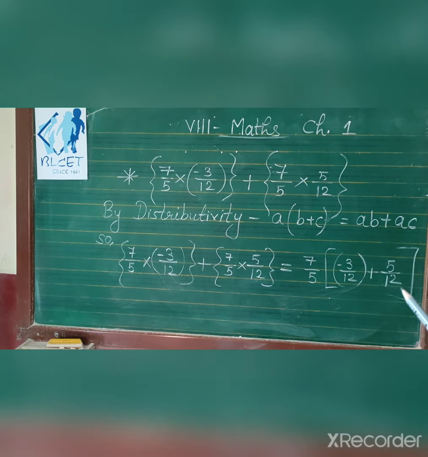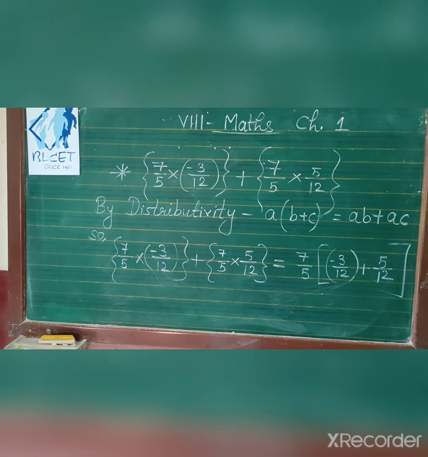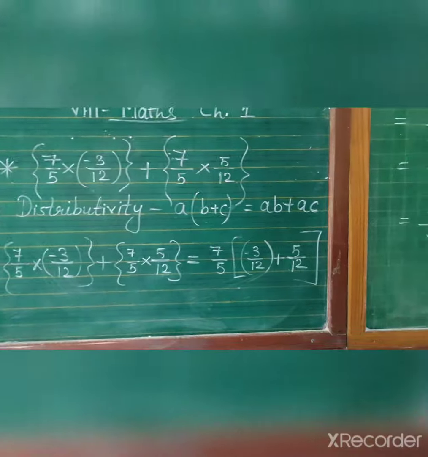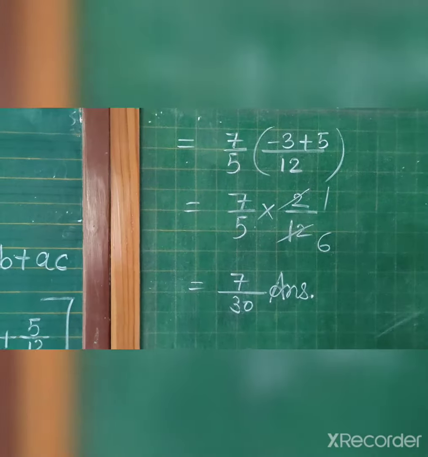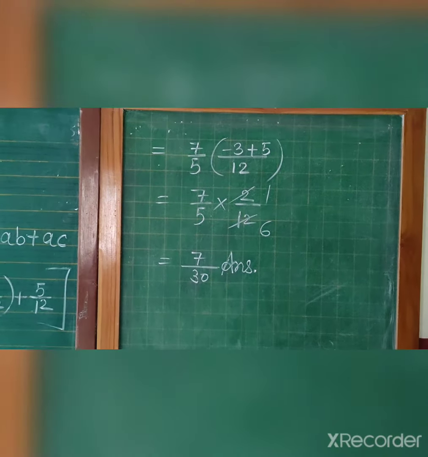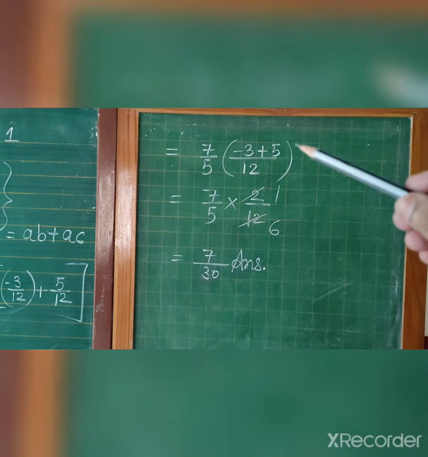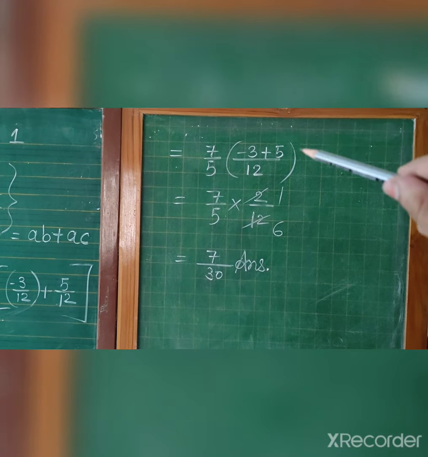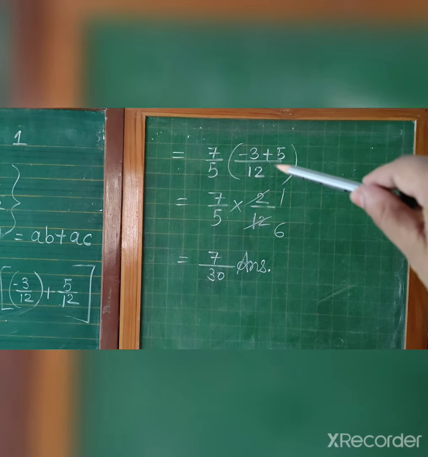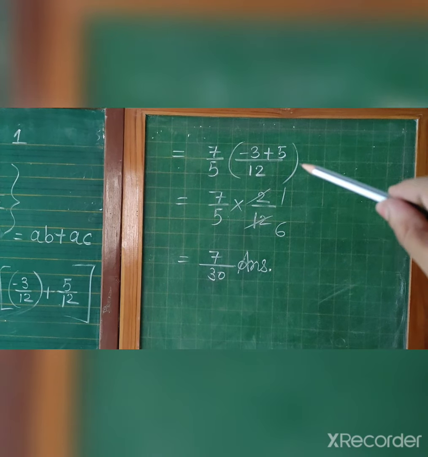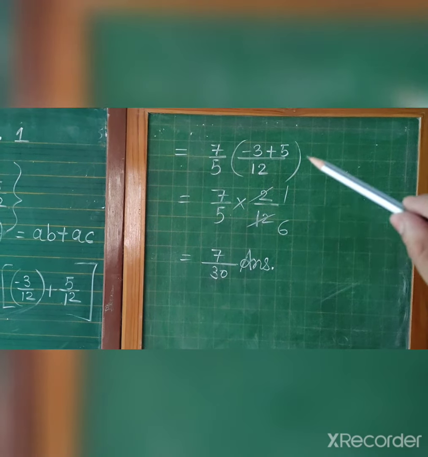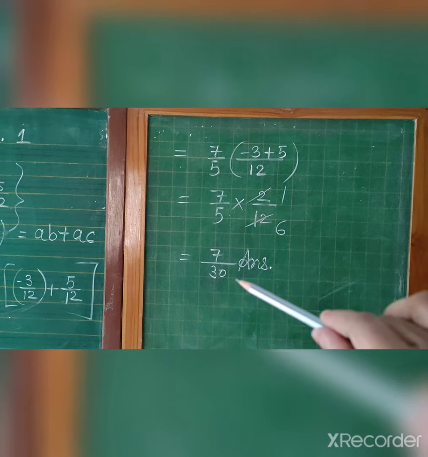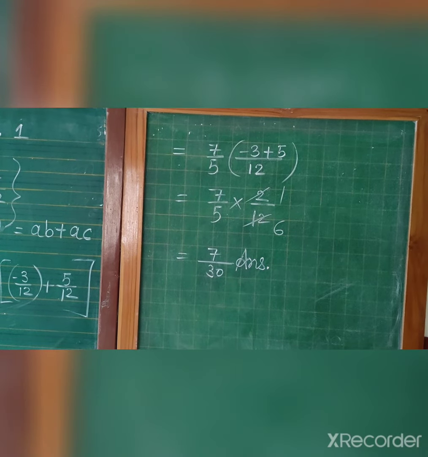Now 12 and 12, denominators are same, so 12 we will write one time, and numerator we will write as it is, minus 3 plus 5. So 1 is negative, 1 is positive. So 5 minus 3, 2. Greater number is having positive sign, so no need to put any sign. 2 ones are 2, 2 6s are 12. 7 ones are 7, 5 6s are 30. The answer is 7 upon 30. Second one you will solve.